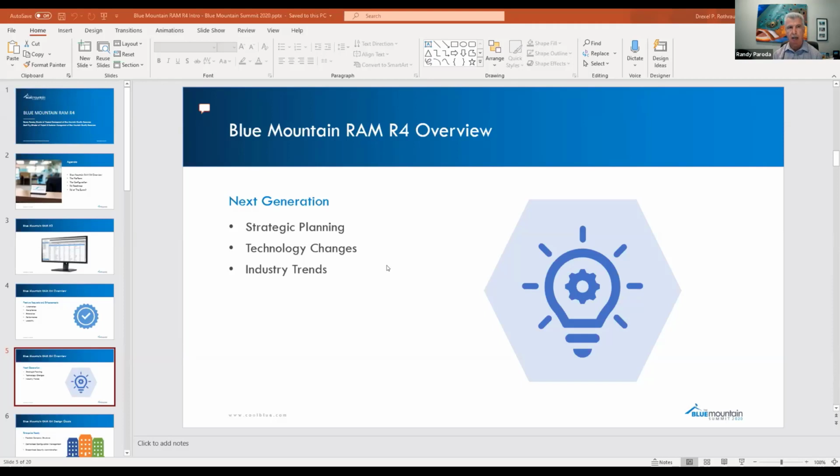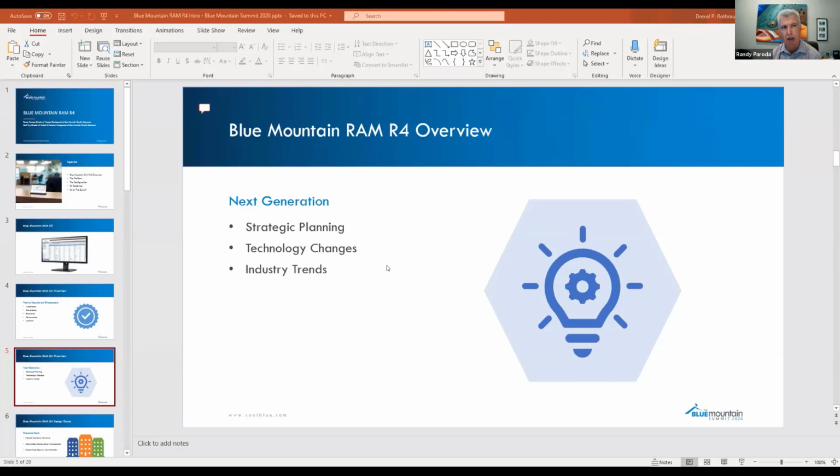And then the other item that came into play was the adoption of the best practices template, and our customers use that either out of the box as it was delivered or as the starting point for what we wanted to do. And so with those two additional pieces of information, we went back into our R4 designs and tweaked things so that we could definitely leverage that knowledge as we went through.